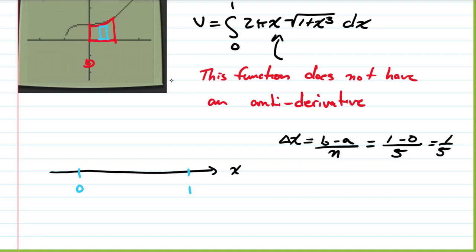And then we find our sample points by finding the midpoints of each of these regions. So we would have 1/5, 2/5, 3/5, and 4/5. So then the points we're looking for are actually going to be here, here, here, here, and here, right? So we can find a formula for those points, and we will call it x sub i.